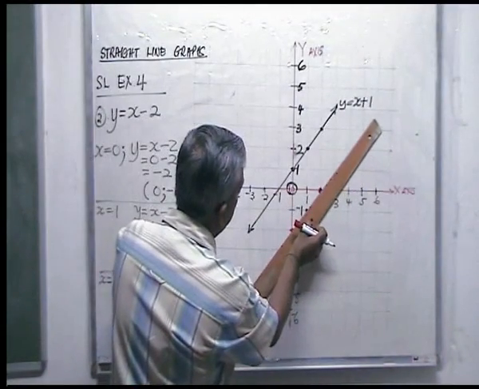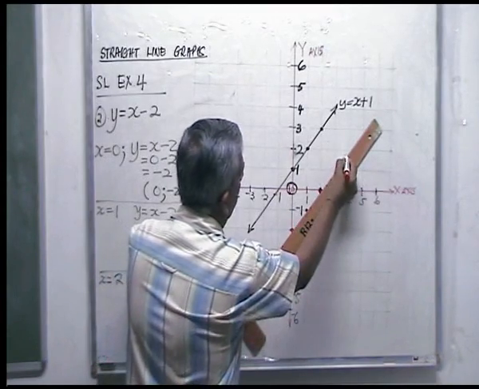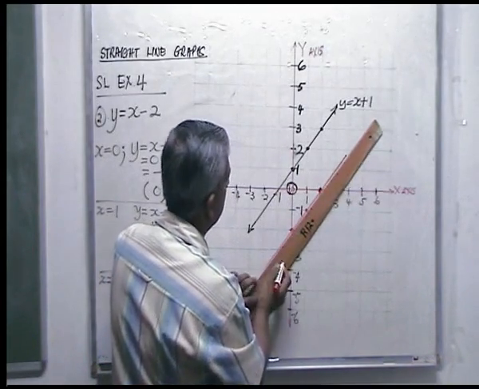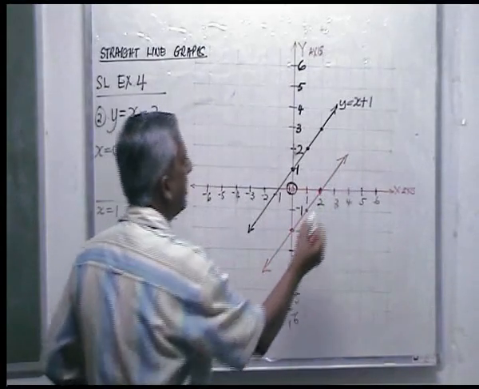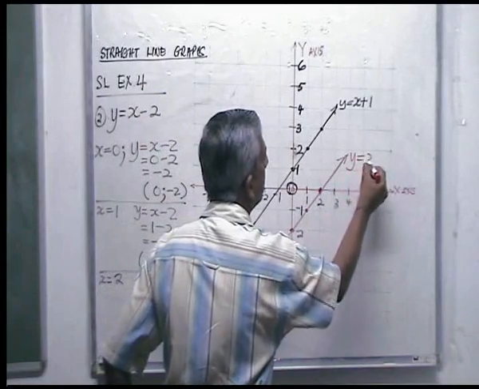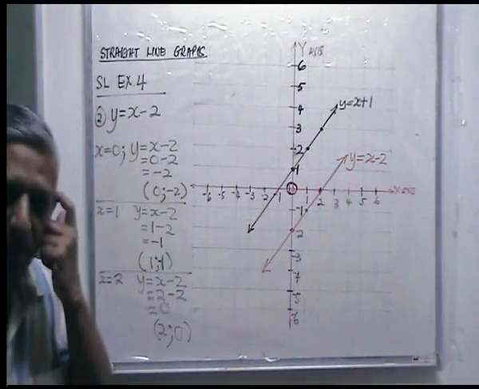So there we are. Join the points and label it y is equal to x minus 2. Alright, so there we are.